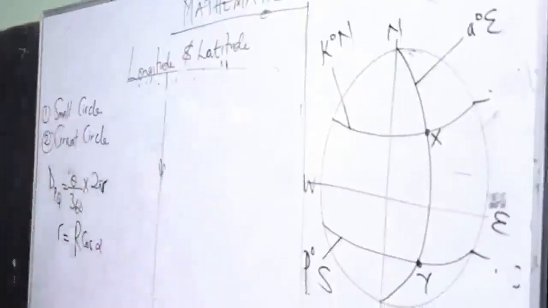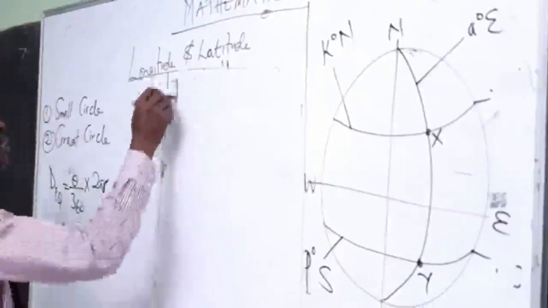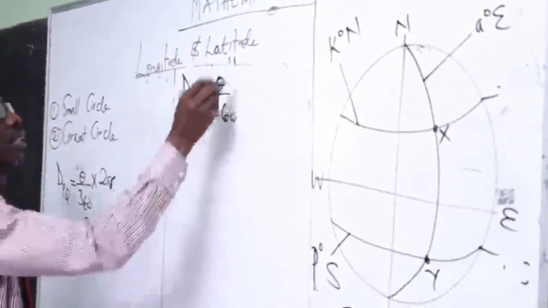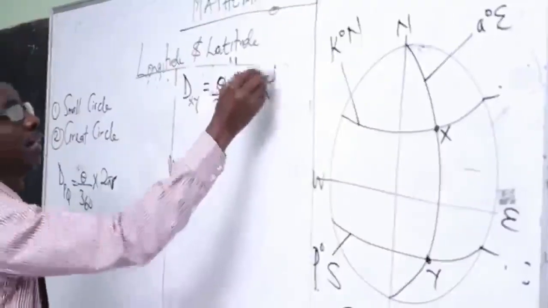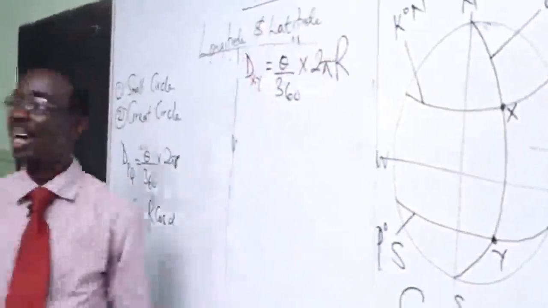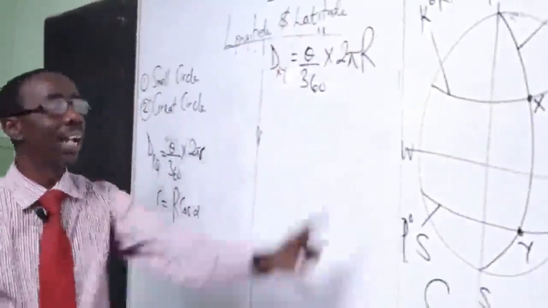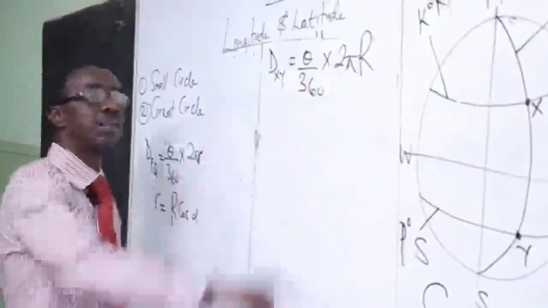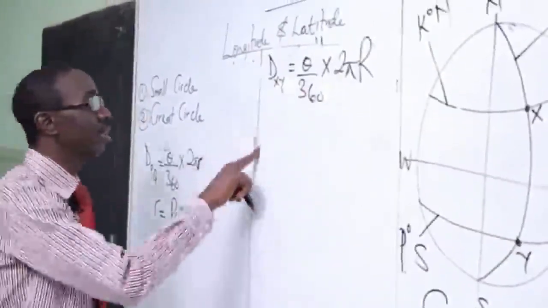Okay, for the great circle, the distance xy is theta over 360 times 2 pi, capital R. This theta is the angular difference in latitude. The capital R still remains the same, the radius of the earth.